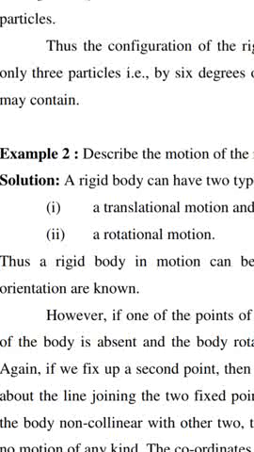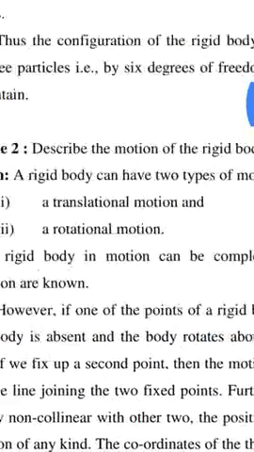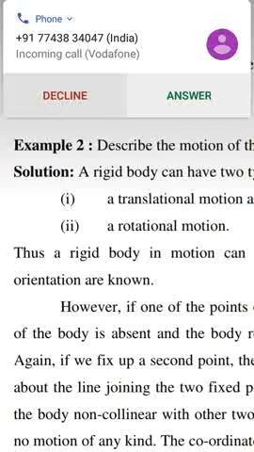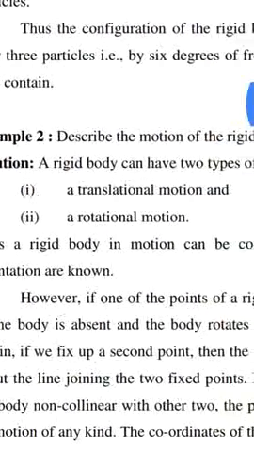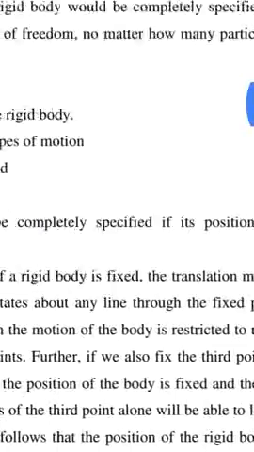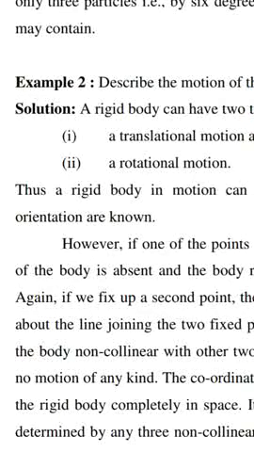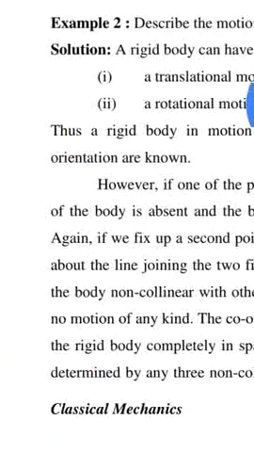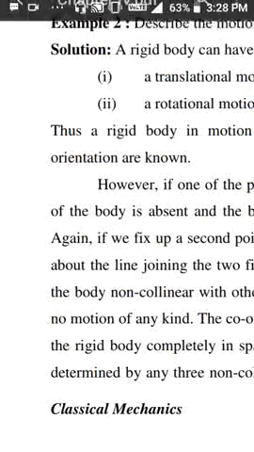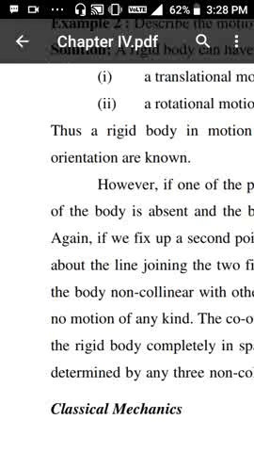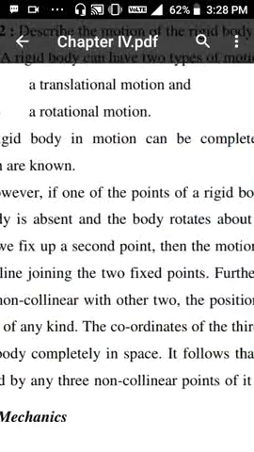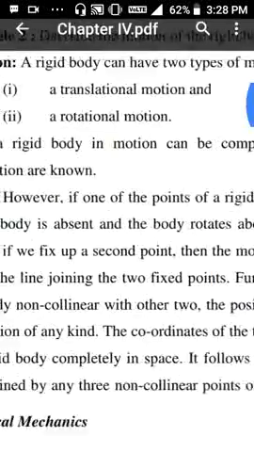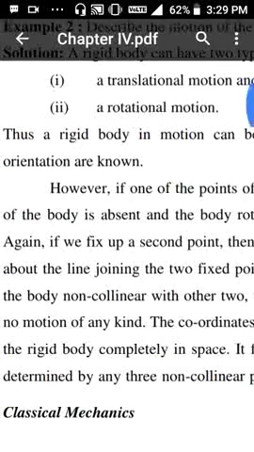Next, describe the motions of the rigid body. A rigid body can have 2 types of motion, a translational motion and a rotational motion. Thus, a rigid body in motion can be completely specified if its position and orientation are known.